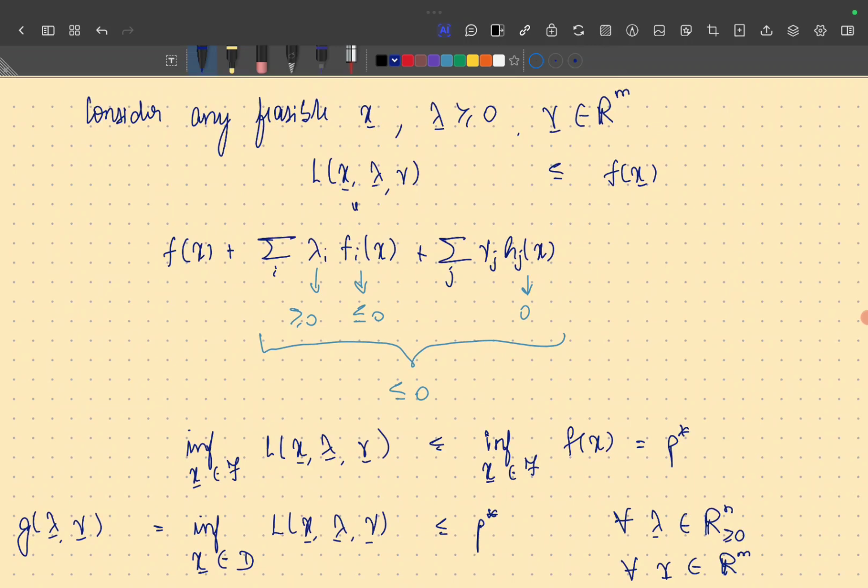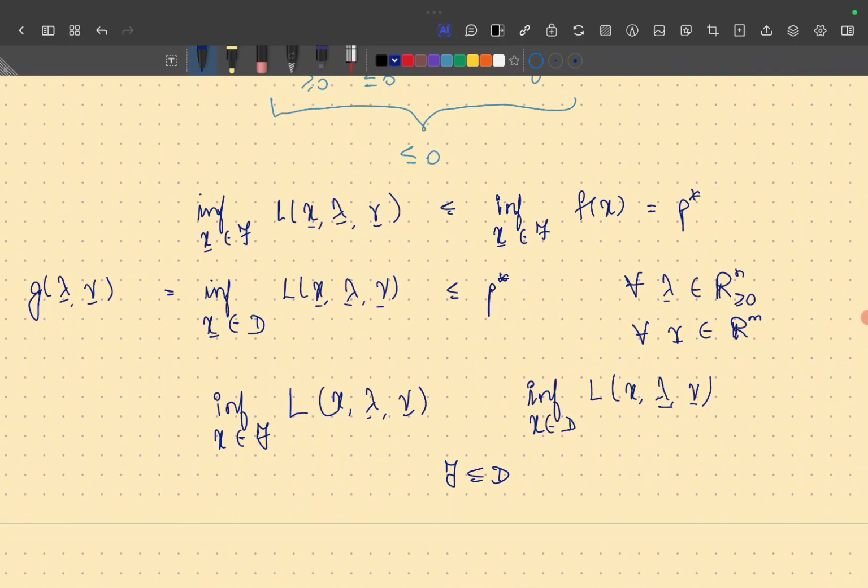The only thing I'm trying to do is know what happens to the minimum value. It's not a pointwise inequality, because this minimum, since it's over a smaller set, can only be larger than this particular minimum.